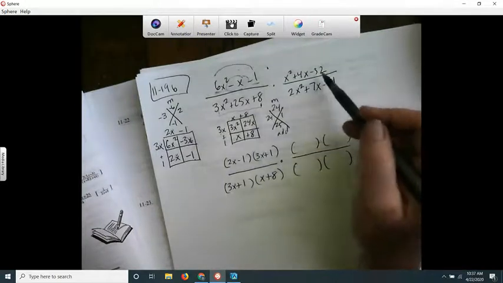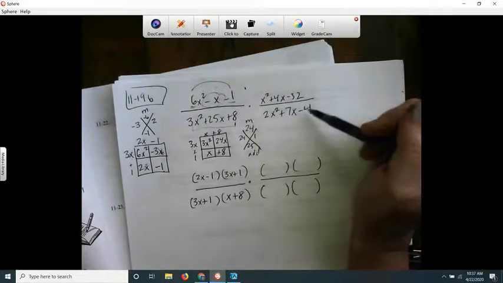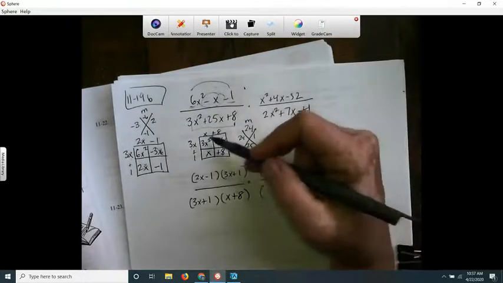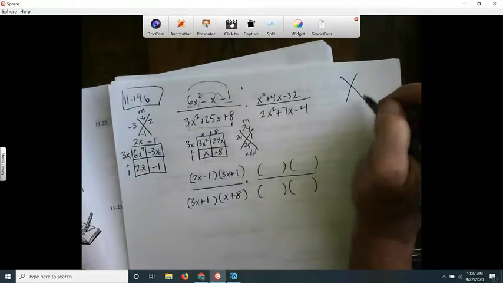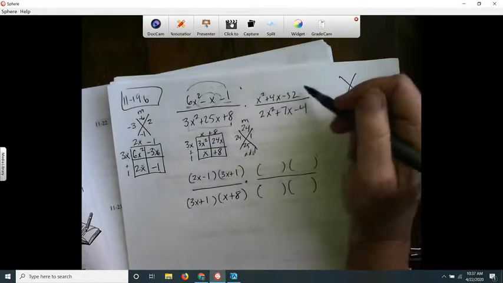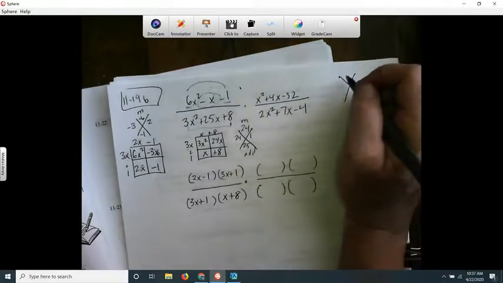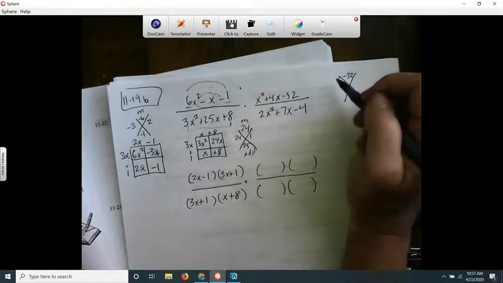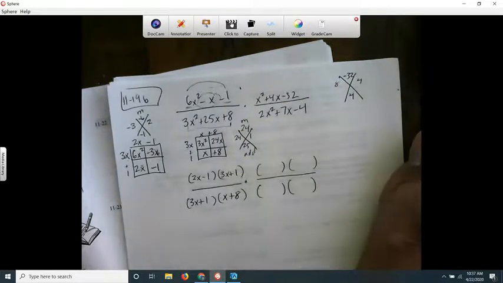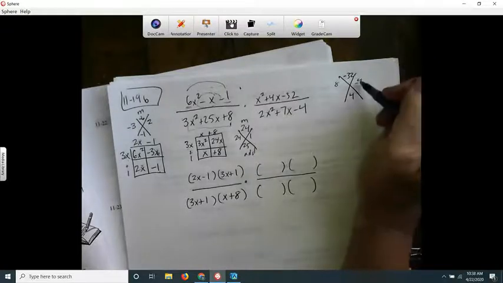Now I'm over here. This one, the coefficient of x is 1. So I can kind of cheat. I don't need to make the whole box if I don't want to. You can make the box and it'll work the same, but I know that I don't have to. I'm looking for something that multiplies to make 1 times negative 32, which is negative 32, and adds to make 4. So I know 8 times 4 is 32, so it turns out I can just use these.